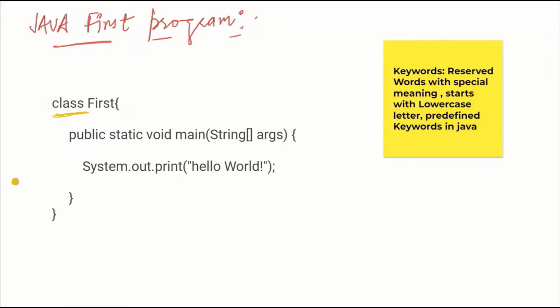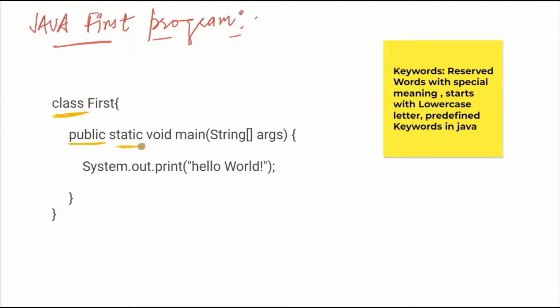So you can't create any keyword, and multiple keywords are available in Java. So this is a keyword. Now another one starts with an uppercase F, so this is not a keyword. Public starts with a small letter, this is a keyword. As of now we have not created any of these keywords. They come along with Java itself.